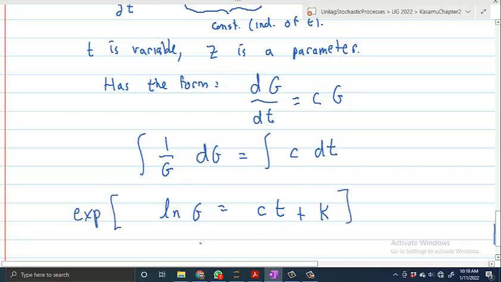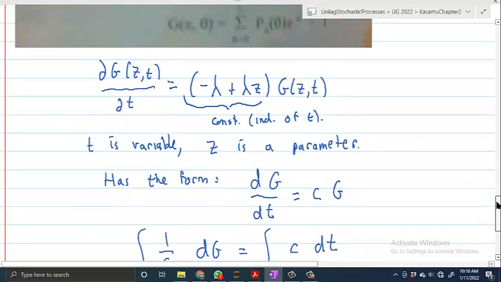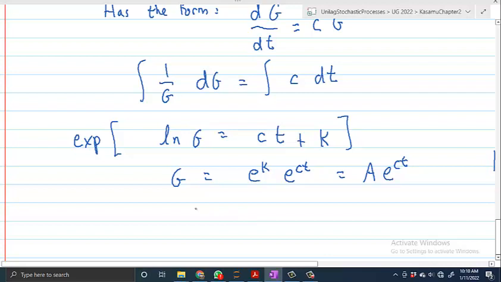And I can take the exponential of both sides of this equation. And that will give me g is equal to, I can write this as e to the k times e to the ct. E to the k is a constant, so that's just a times e to the ct. Now what was c? C was the value of the constant here, minus lambda plus lambda z. So that means g equals some constant a times e to the minus lambda plus lambda z. Now, you can find the value of a using the initial conditions.